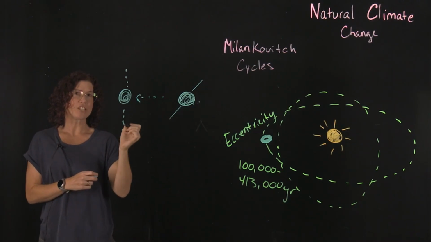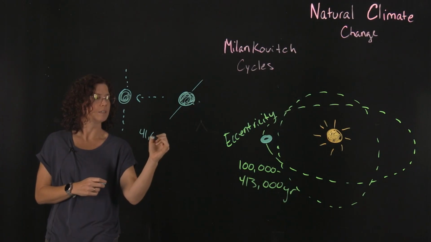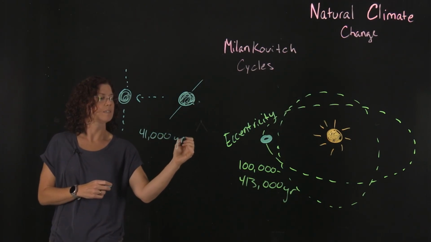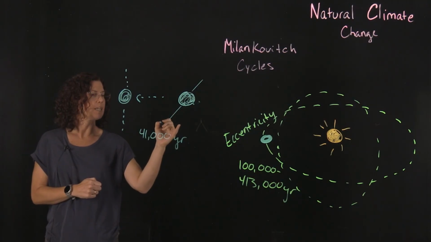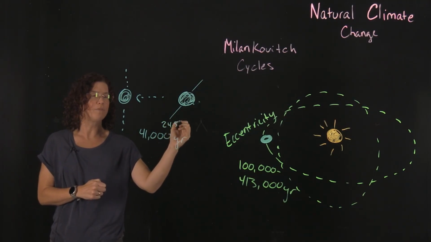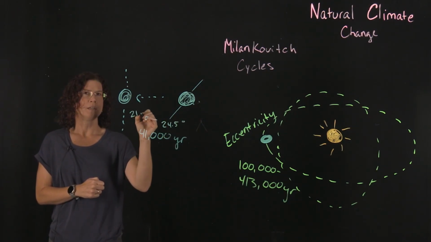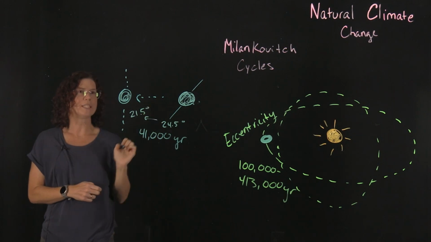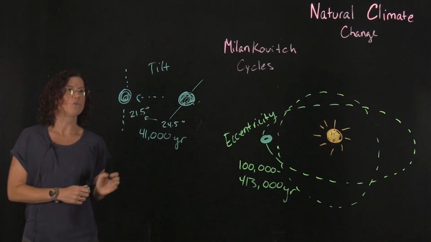And as that changes on an approximately 41,000 year time cycle, we're going to change from a degree of approximately a 24.5 degree tilt to a 21.5 degree tilt. So we have a change in tilt over time.